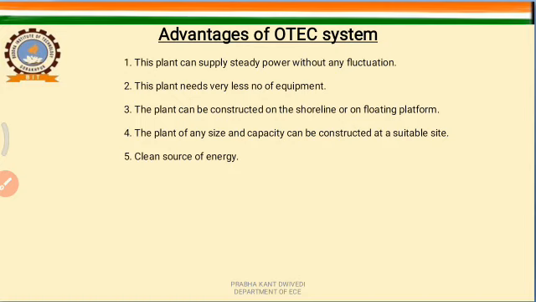If this system is placed at the shore line, it needs a very long pipe to receive the water from the bottom of the sea, because at the shore the depth is not available, and cold water is generally available below 1 kilometer of depth.